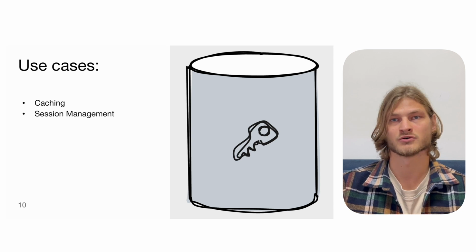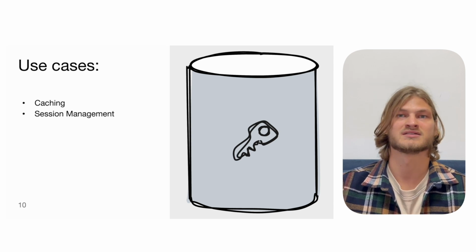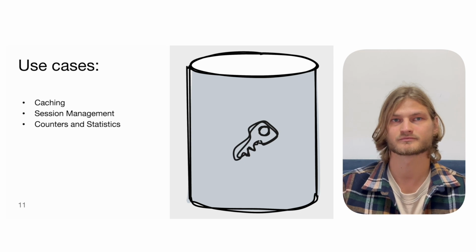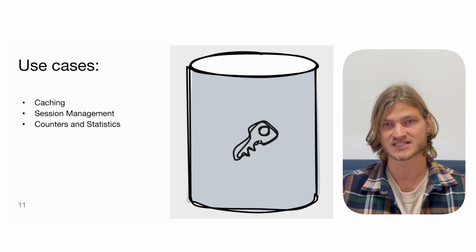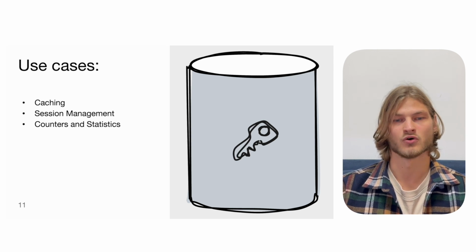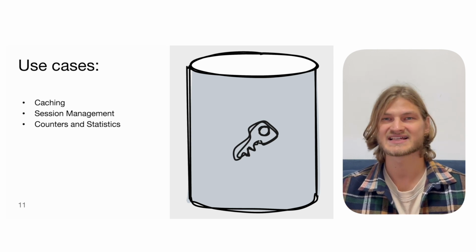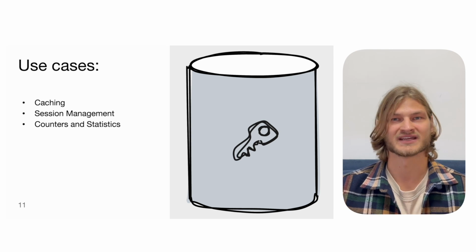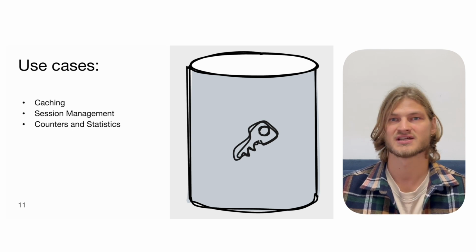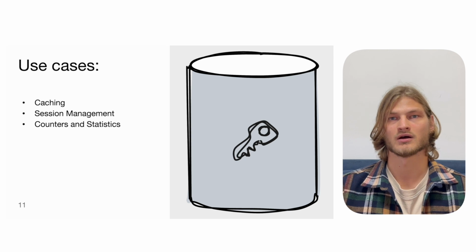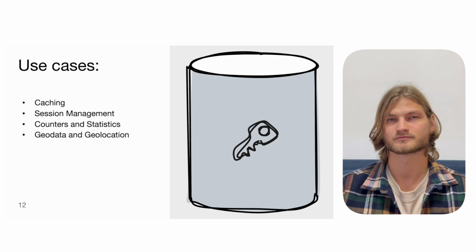And also login and some user preferences. Also, it is good for counters and statistics, so you can store retweets, likes, and rate limiter counters and etc. in such stores.